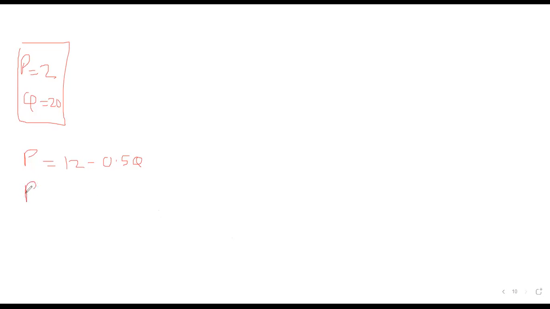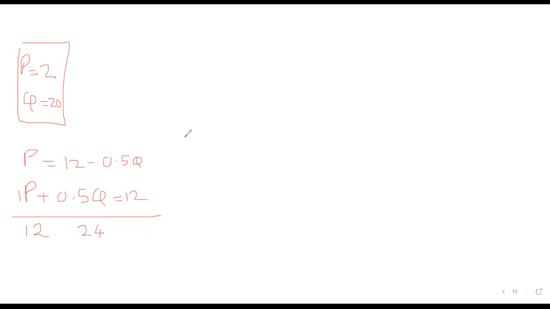So we do P plus 0.5 Q is equal to 12. And then we find the common denominators there at the bottom. So P, which has got a 1, 1 into 12 is 12. And then 0.5 into 12, it's 24.